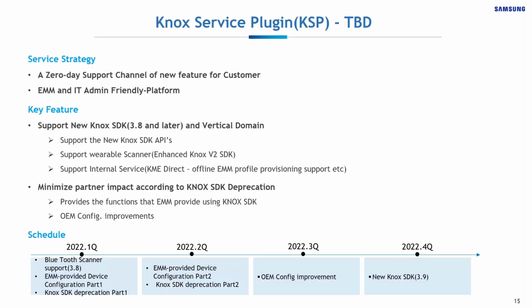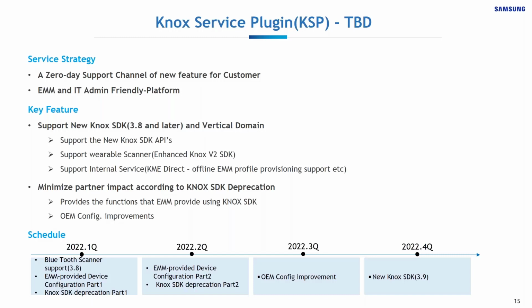All right. So thank you, everyone. And now we're going to present to you the Knox Service Plugin roadmap for 2022. So for the KSP roadmap of 2022, we'll kick things off in the first quarter with the release of Bluetooth scanner support for Knox 3.8, the EMM provided device configuration part 1 enhancement, and the Knox SDK deprecation part 1.